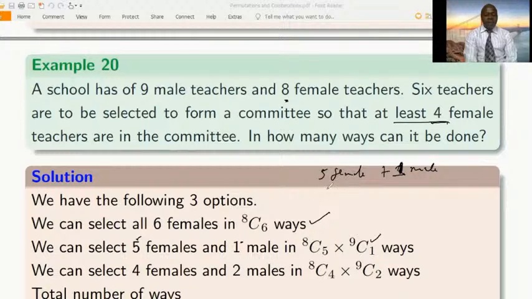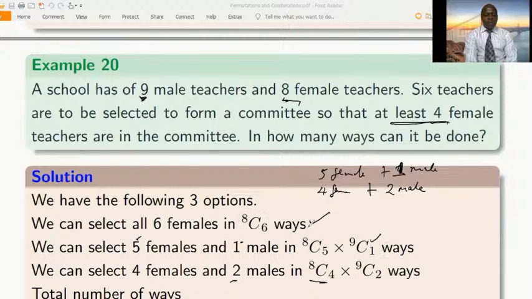And then the other situation is where you have 4 female, and this will require 2 male. And of course, this is the last one, because you cannot go to where you have 3 female, because that will not meet this condition. So 4 female out of 8 is combination 8-4, and then 2 males out of 9, combination 9-2.